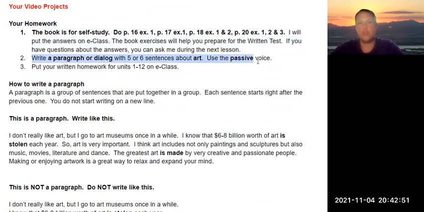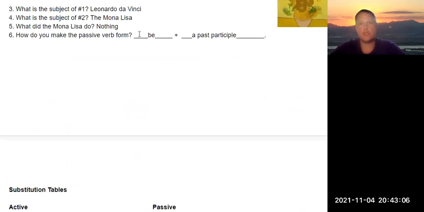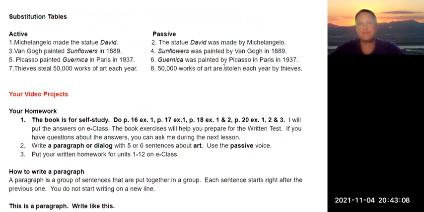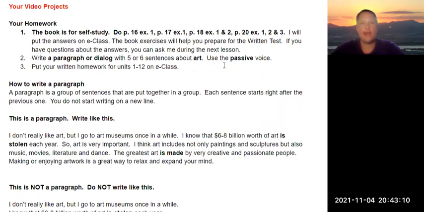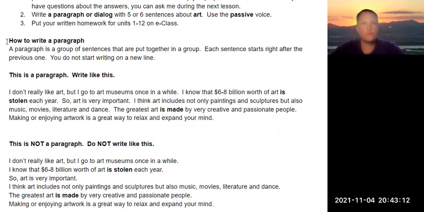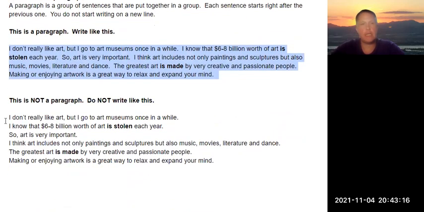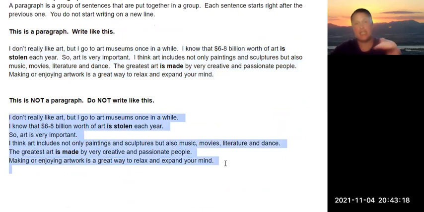And make sure you're continuing to do your paragraph writing. So the homework for this unit is to write a paragraph or a dialogue with 5 or 6 sentences about art and use the passive voice. So this construction, be plus a past participle. And remember, a paragraph looks like this, not like this. It's not a list.